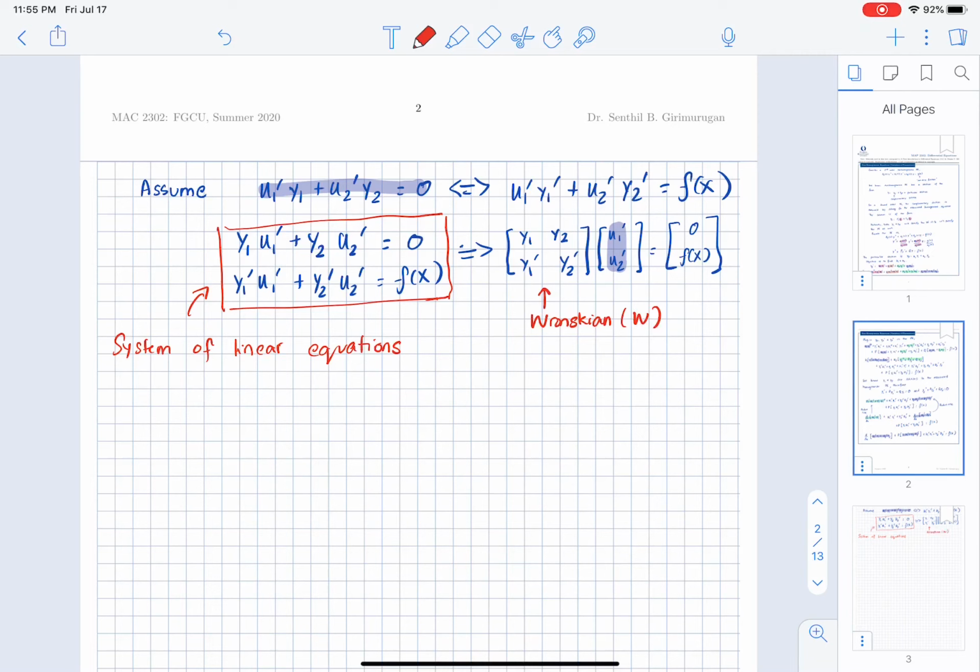And we know for linearly independent solutions, the determinant of W, which we write in short notation as that, is not equal to 0.